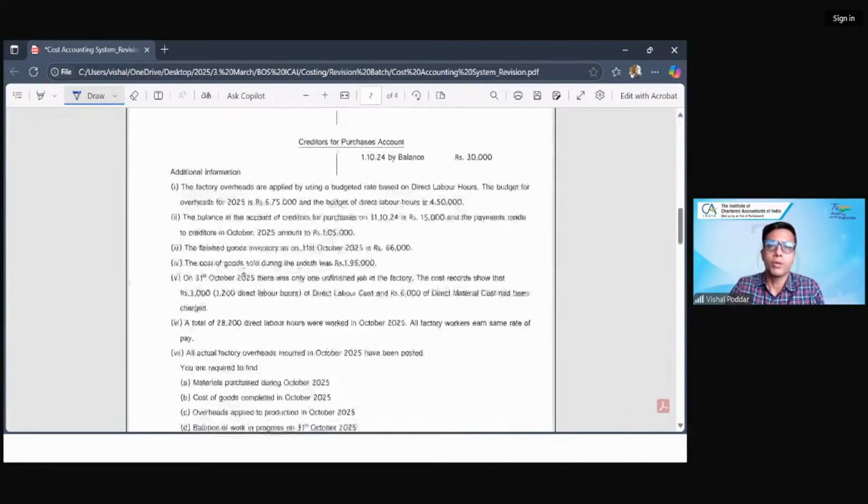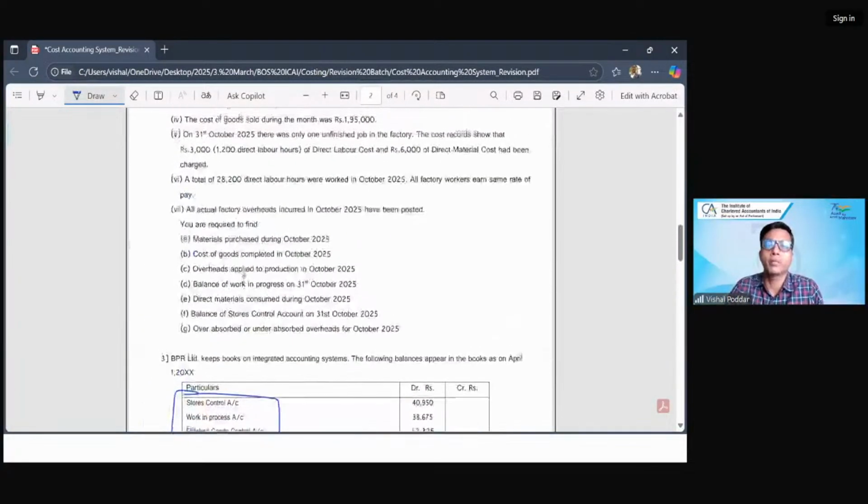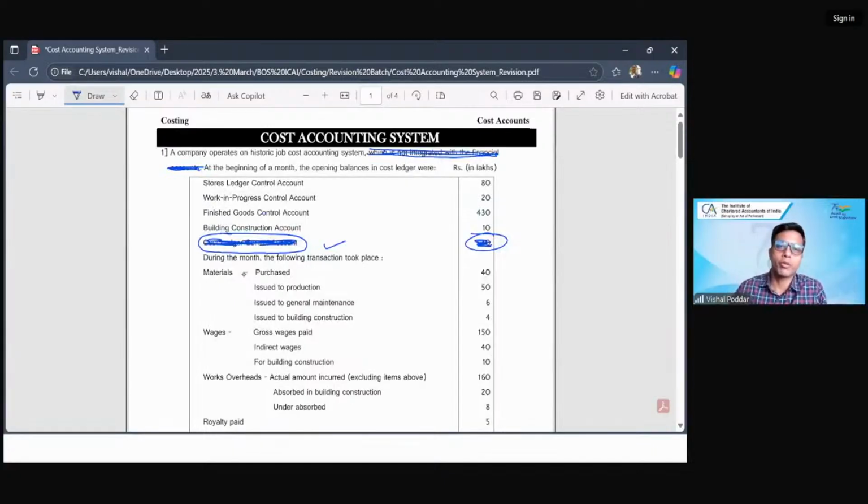But this will be a non-integrated sum, because for being an integrated sum, you compulsorily require the opening balances of these separate accounts. Only where the opening balances of separate accounts are given does it become a sum of integrated. Otherwise, the question remains a question of non-integrated.